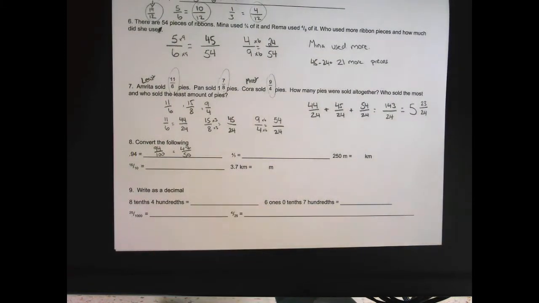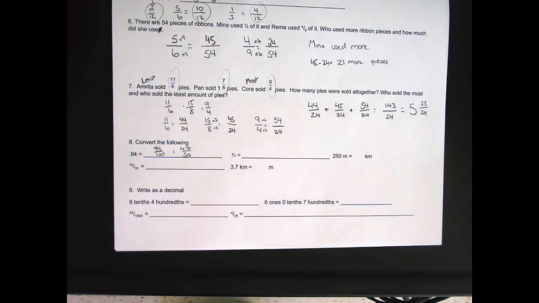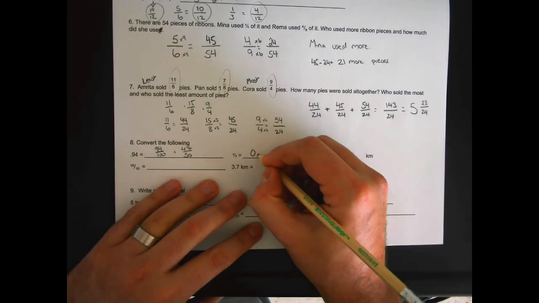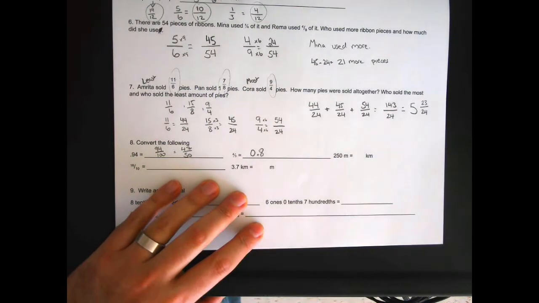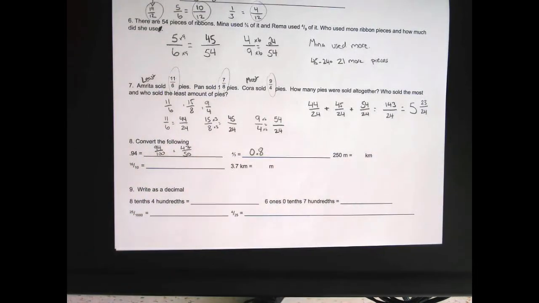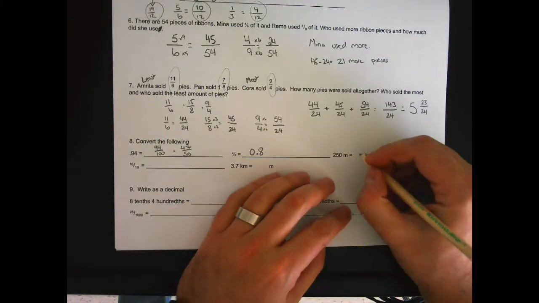Okay. What about 4/5? What is my decimal going to look like? 0.8. 250 meters is equal to how many kilometers? 0.25.